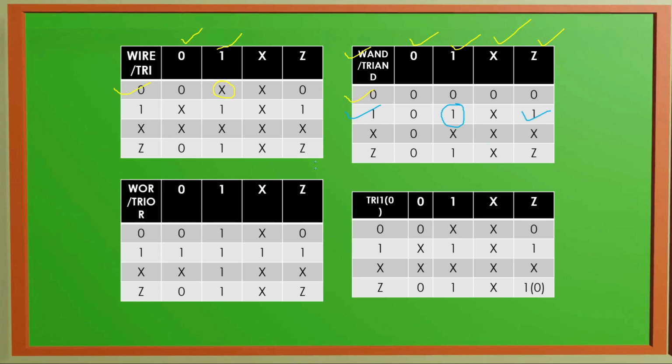So like this we can have various table entries here. For OR, wor and trior, if any one is 1, the signal value will be 1. So 0 0 gives 0, 1 0 gives 1, x 0 gives x, z 0 gives 0. Like this we can find out the values for these 4 parameters.